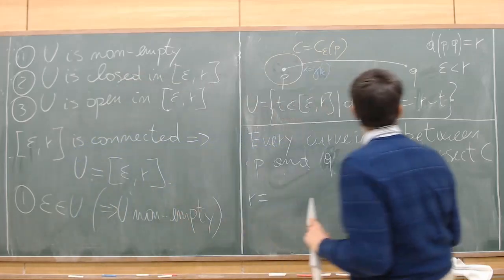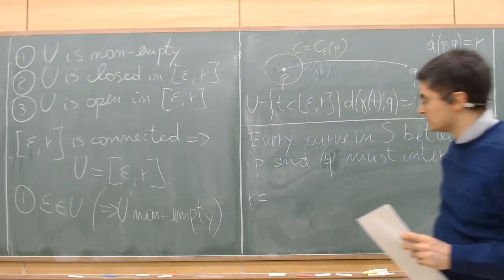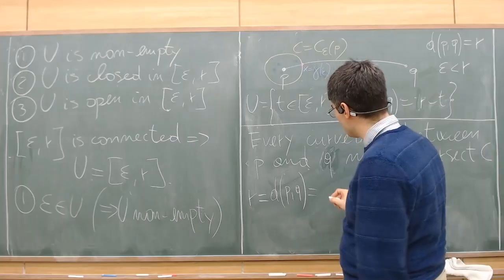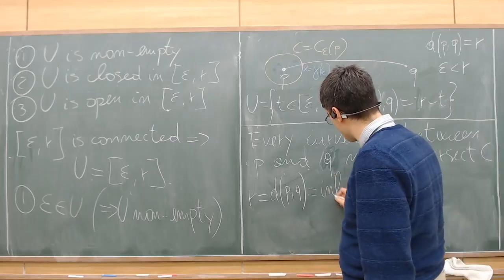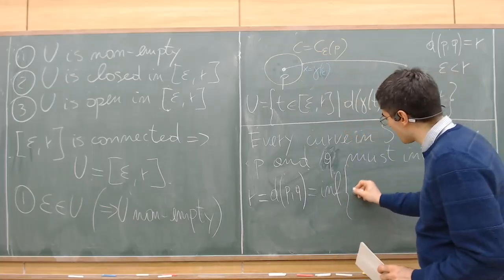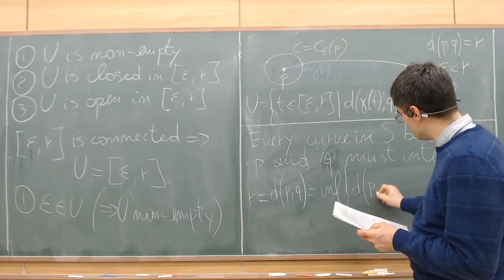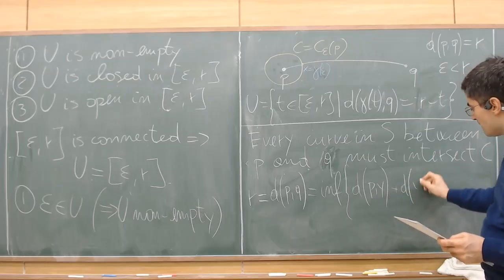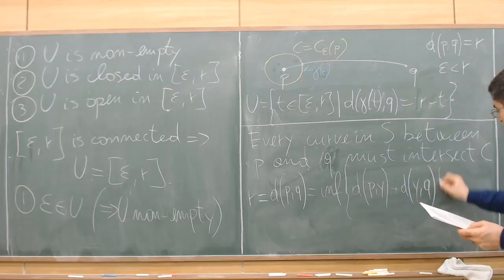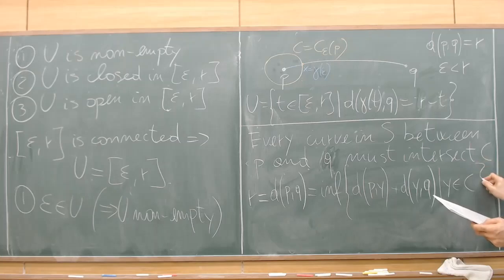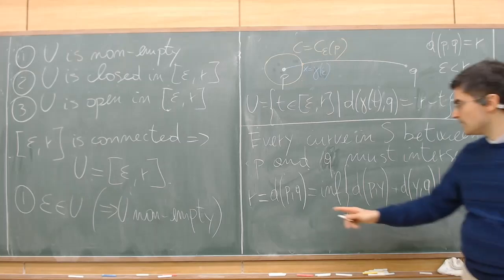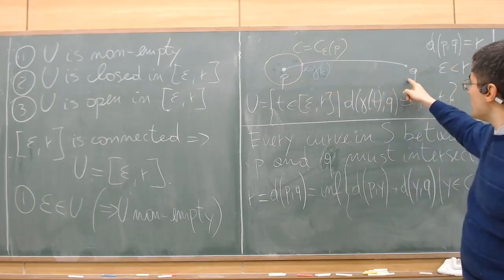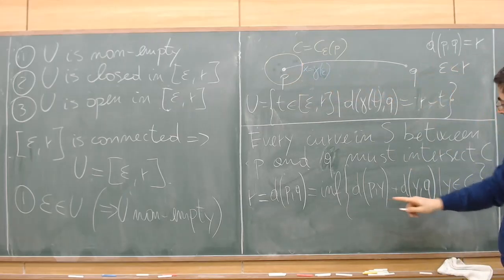R, the distance between P and Q, can be written as the infimum of the sum of the distance between P and Y plus the distance between Y and Q, with Y in C. So in other terms, I'm considering curves joining P to Q and passing by a point Y in C.